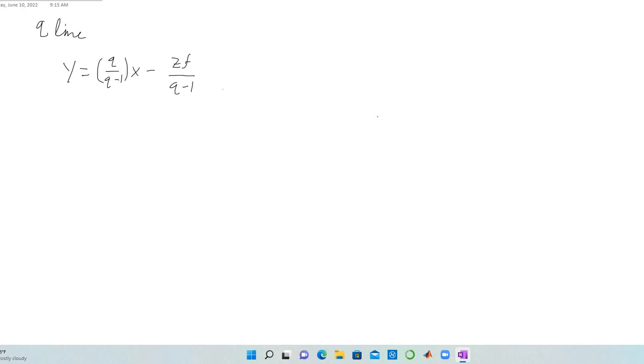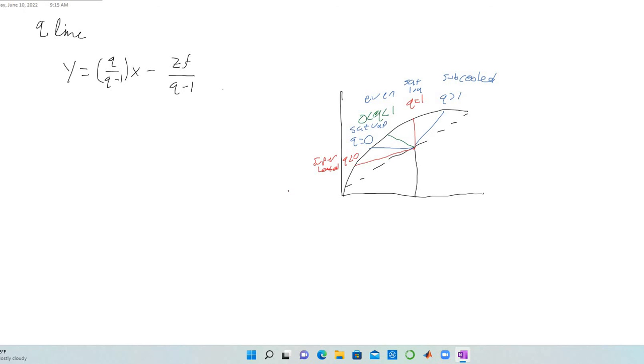So we're going to draw our diagram. The slope of the Q line is going to be Q over (Q minus 1), but your value of Q is going to be dependent on how your feed is coming in. So if it's a subcooled liquid, Q is going to be greater than 1. And that's what we have over here on the far right of this diagram.